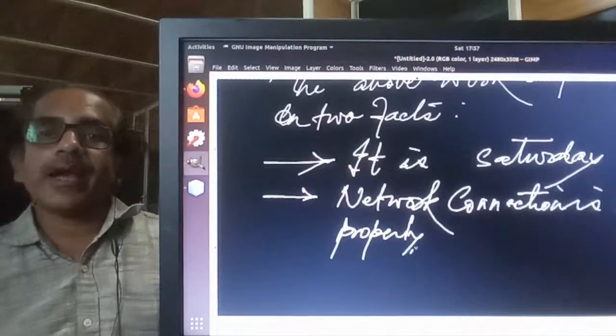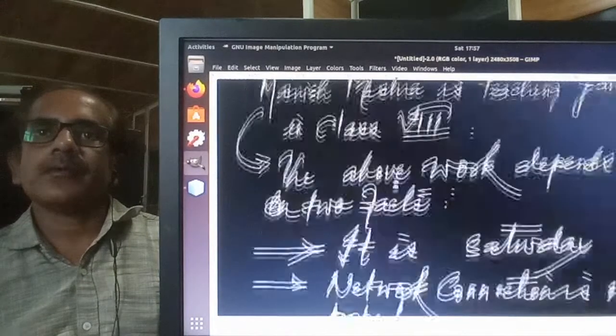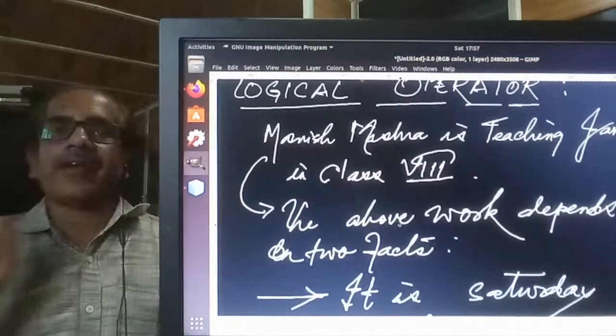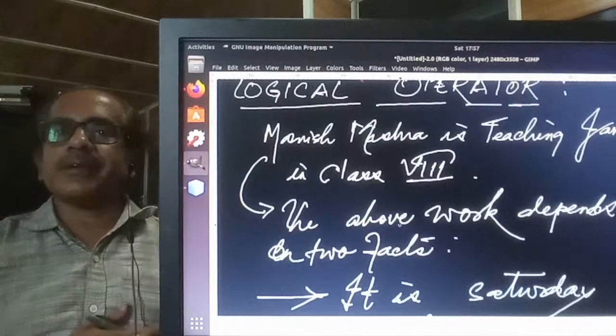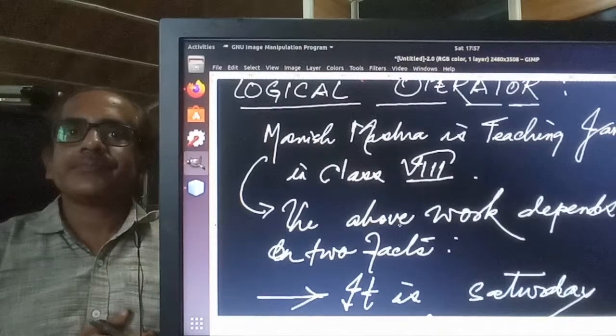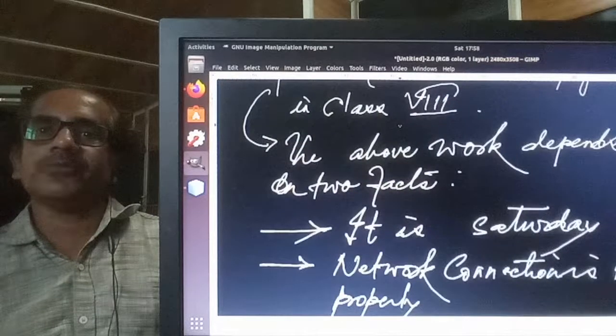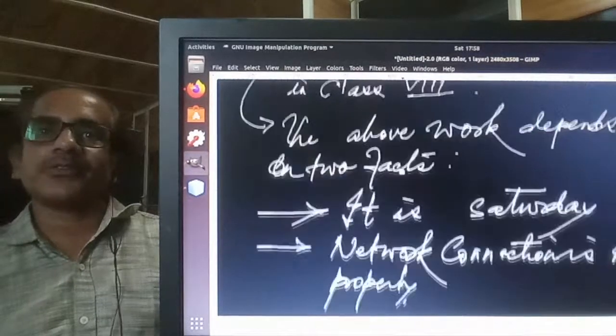So I have the complete situation that I am considering a fact that the teacher Manish Mishra is teaching Java in class 8. This statement is depending on two facts.